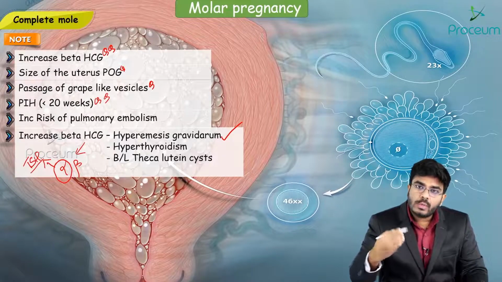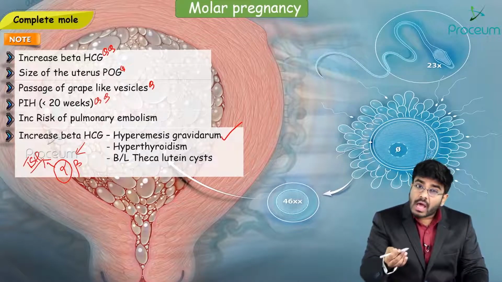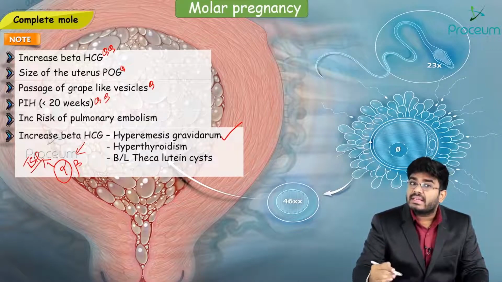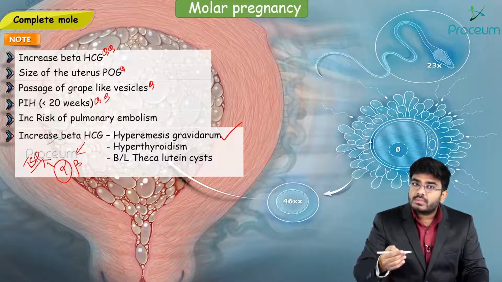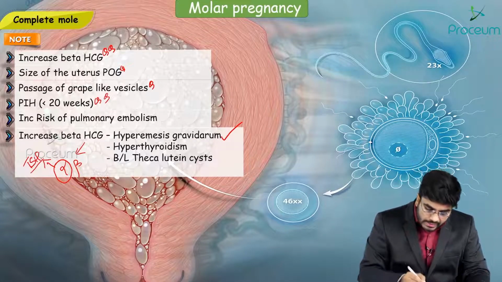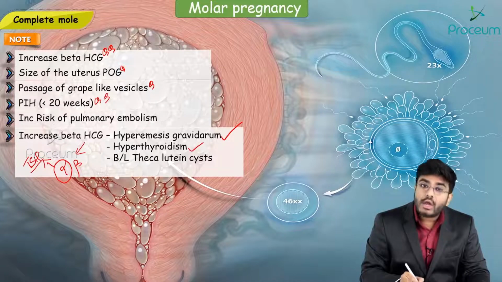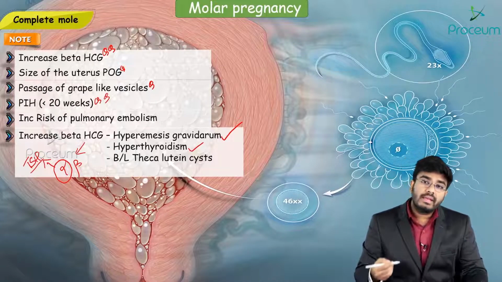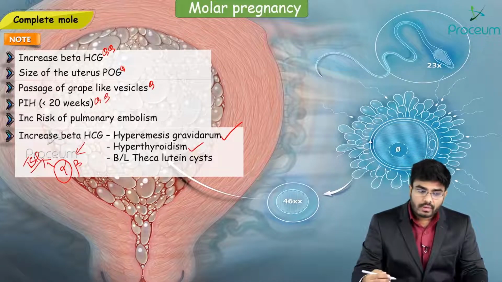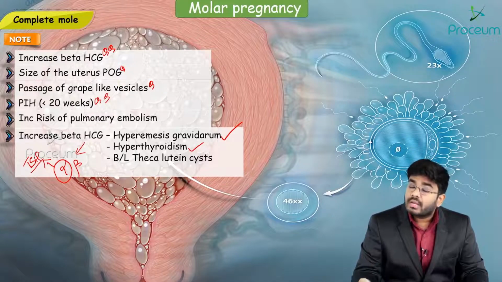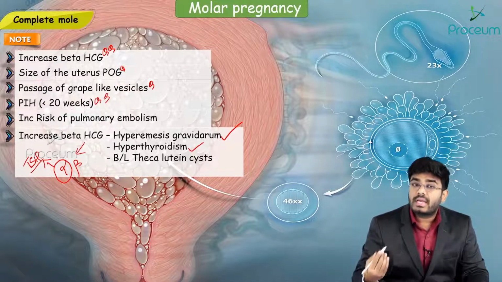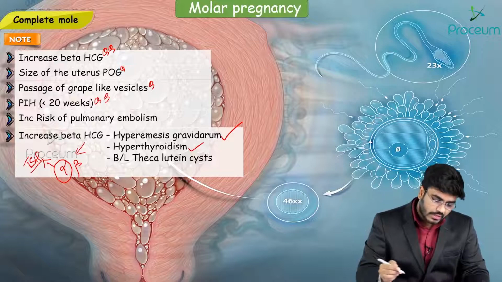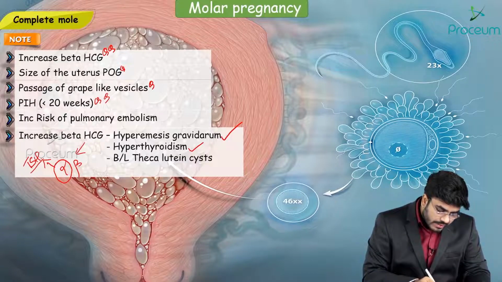Whenever there is too much HCG, the alpha subunit can act like TSH, stimulate the thyroid gland, and lead to hyperthyroidism. So a female with a complete mole is at risk of hyperthyroidism and can have its features. MCQ.